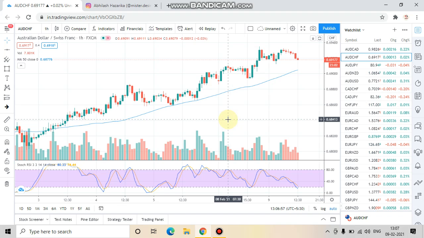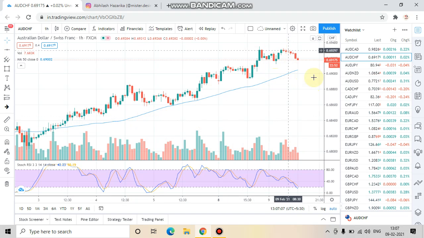Or if you want to make some good amount of money from a trending market, you just need to follow the trend with the help of a moving average. That's a simple strategy, we all know probably. So here, if you want to make some quick money, just go ahead and buy whenever the stochastic RSI will be giving us a buy signal like this, when it will be moving upward, and the candlestick will be also convincing enough.